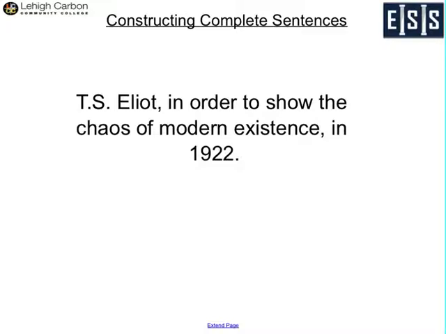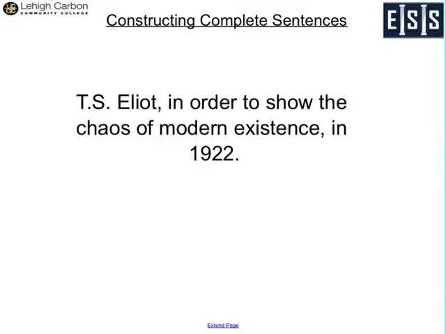Take this example: "T.S. Eliot, in order to show the chaos of modern existence in 1922." There's something missing there. But there's such a jumble of prepositional phrases, there's so many non-essential pieces of information here that it's kind of hard to figure out just what we need to add in.